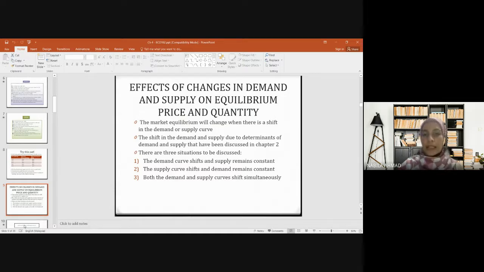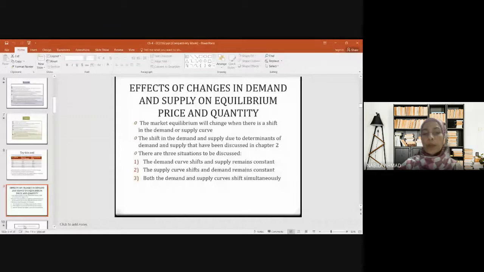Tetapi sekiranya berlaku perubahan, there is change in demand or supply, so maknanya when demand curve changes ataupun when supply curve changes, ataupun both demand and supply curve changes, then the equilibrium point tu akan berubah lah. There will be change in equilibrium point. There will be new equilibrium price and new equilibrium quantity.